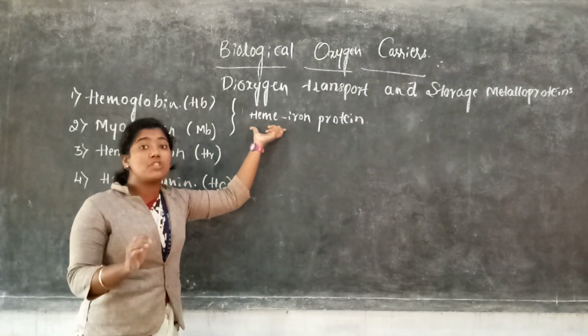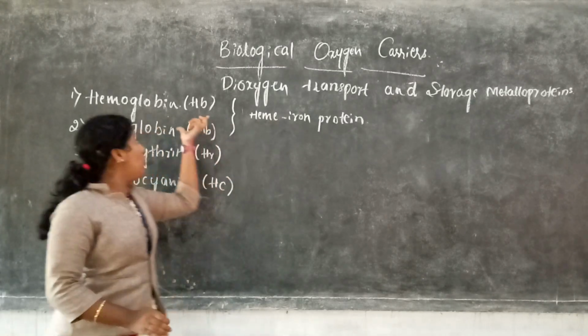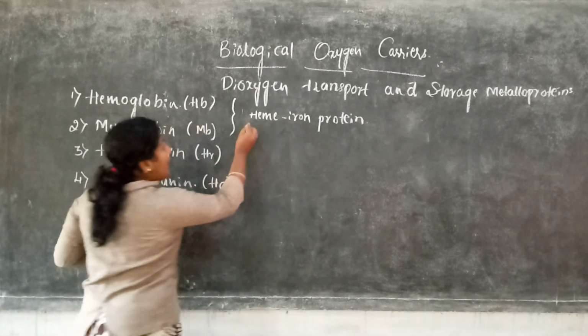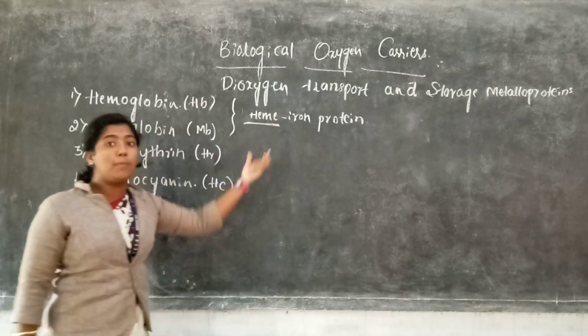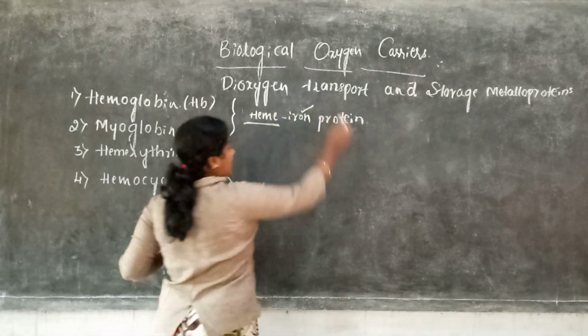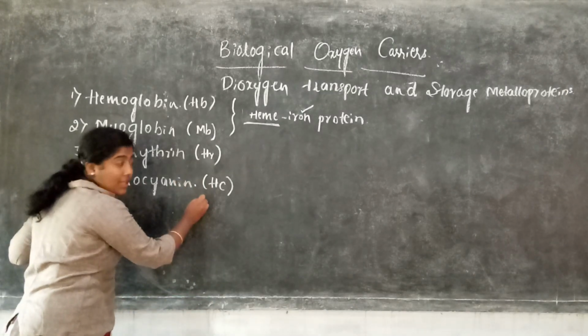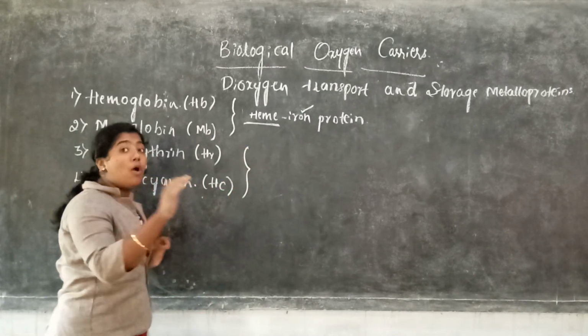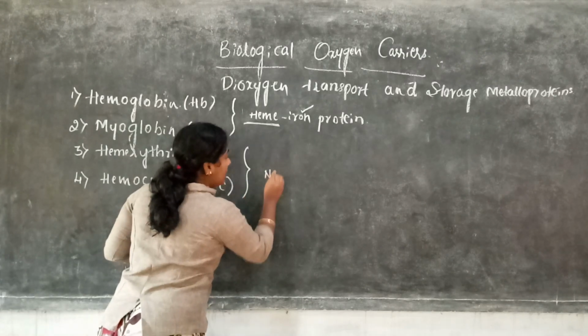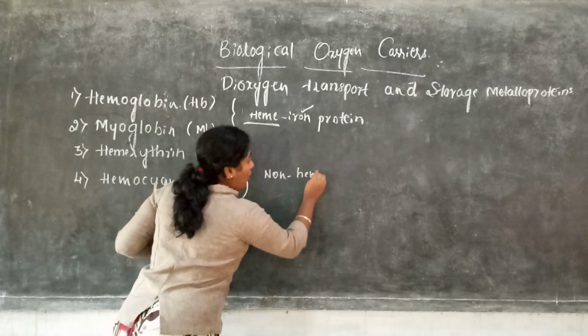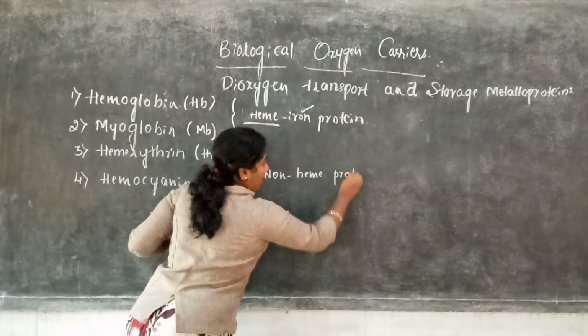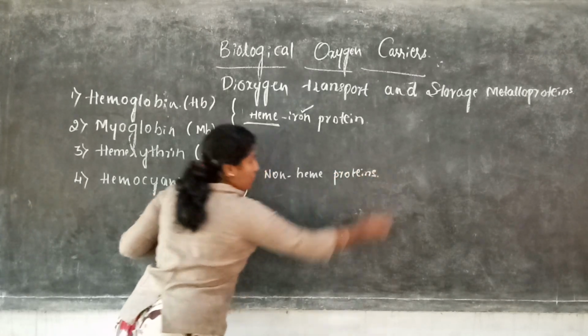The basic prosthetic group present in the hemoglobin and myoglobin is heme, iron proteins containing iron center in the active site. So here hemerythrin and hemocyanin both are non-heme proteins. Okay, these are known as non-heme proteins.